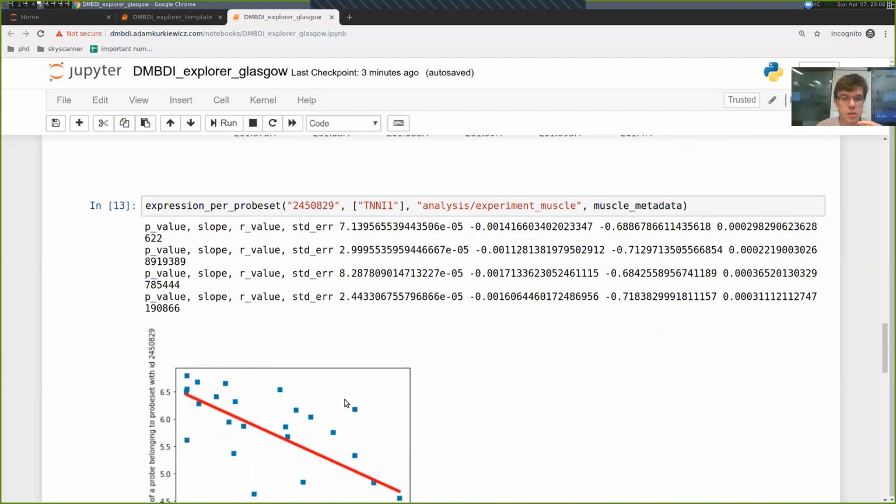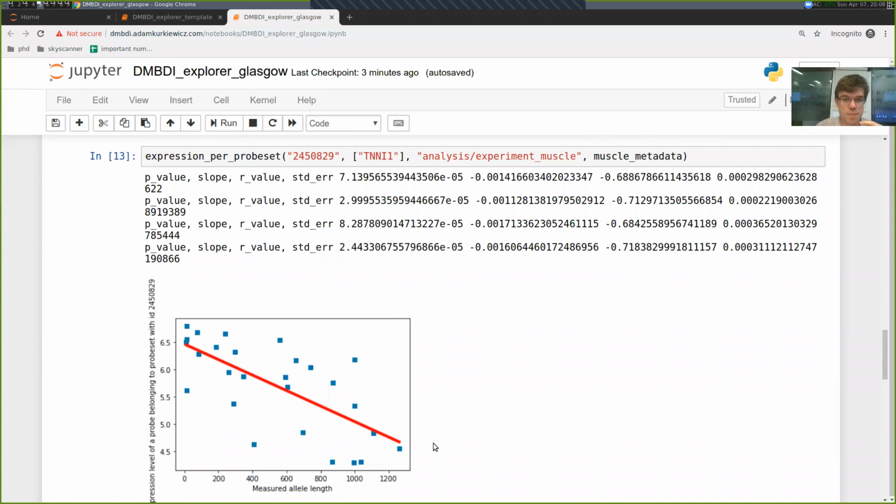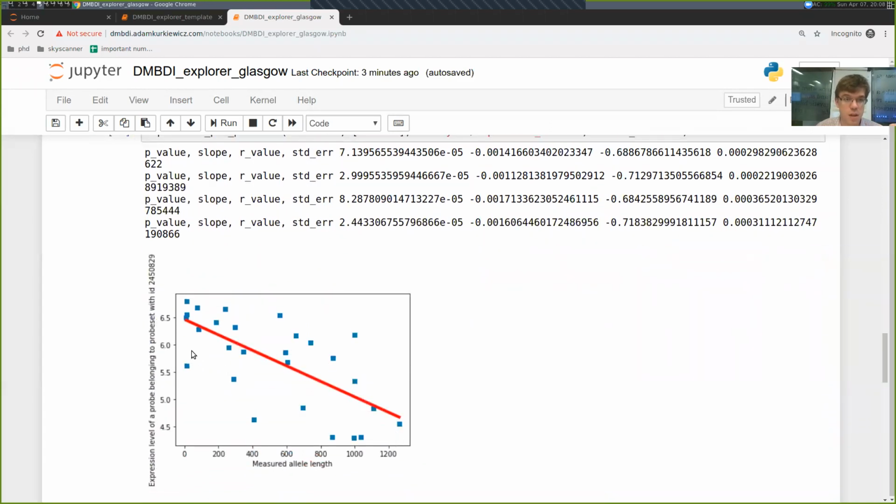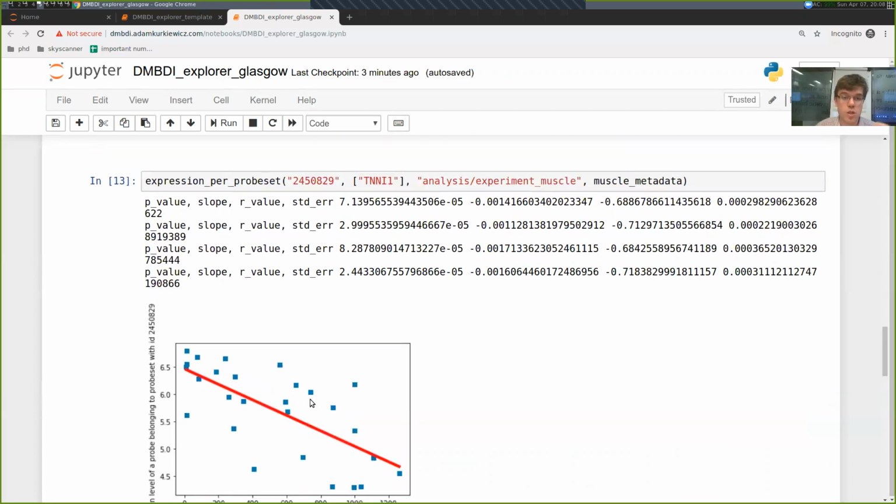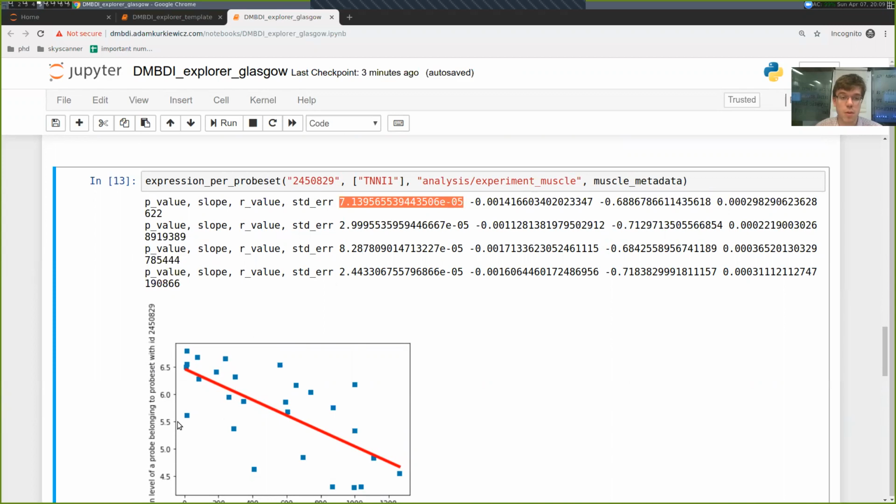Each linear regression indicates a strongly downward trend of expression at this probe set with measured allele length from the DM1 repeat from blood. To each of those linear regressions, we can associate a p-value of the statistical test versus the null hypothesis that there is in fact no trend.